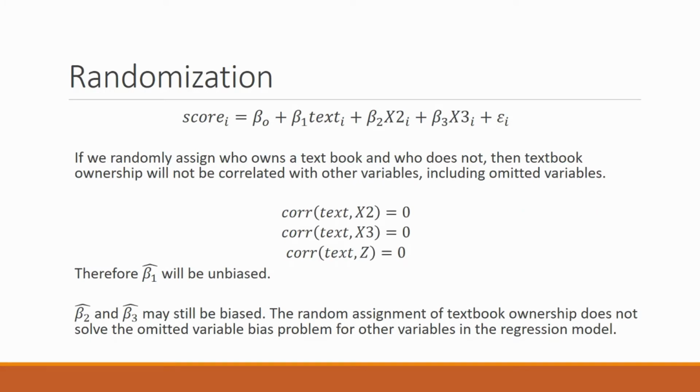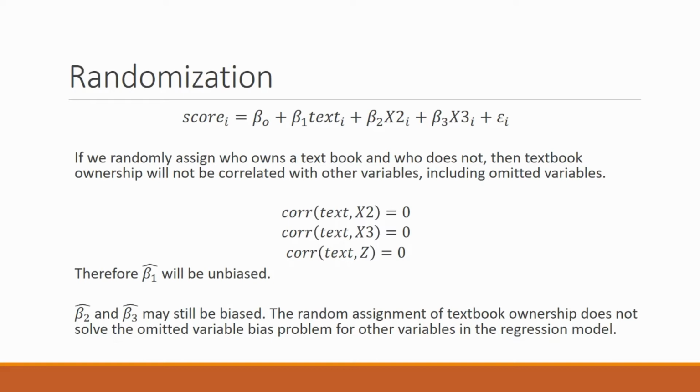So if we randomly assign who owns a textbook and who does not, then textbook ownership will not be correlated with other variables, including omitted variables.